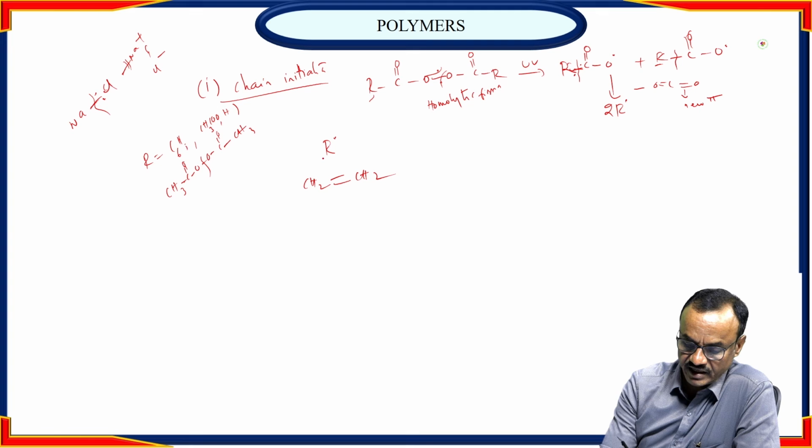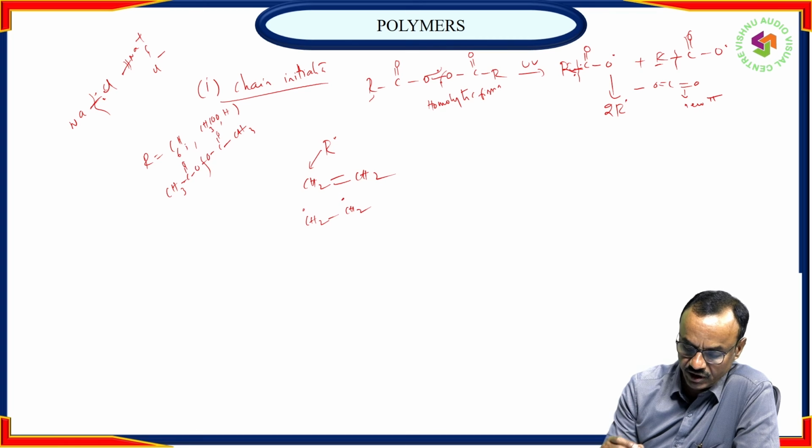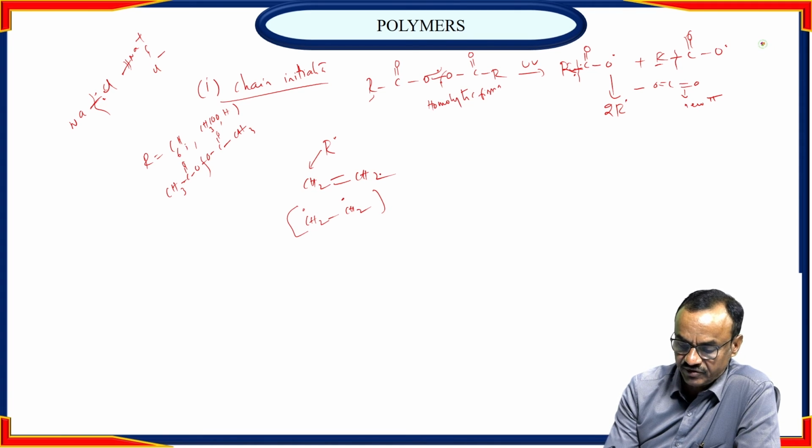When it attacks CH2, just above room temperature, no pi bond exists, only lone electrons. The lone electron pairs and links with this carbon. If it links with this carbon, you will get another free radical.